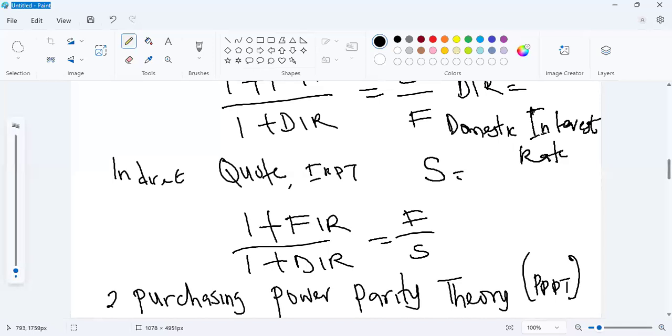Your X is the spot rate. Your F is the forward rate.